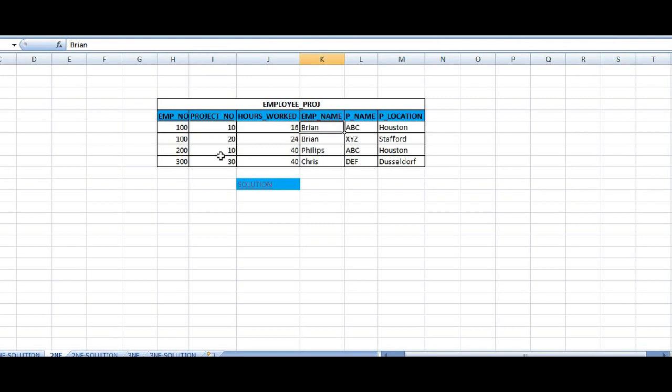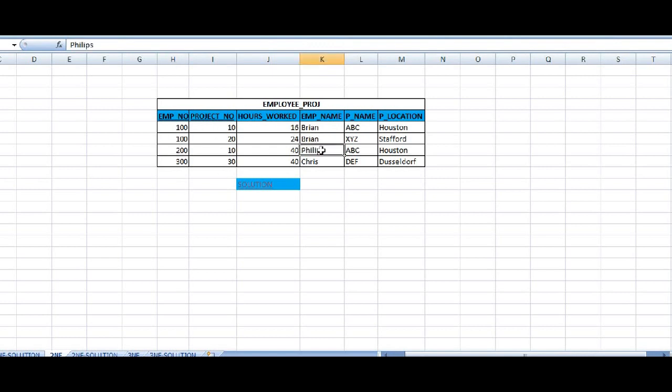So it is not accurate. But if I'm giving you 100, you can easily say that yes, 100 corresponds to this employee name. Though you see two records are there, they are consistent. Like 100 always refers to Brian, 200 always refers to Phillips, this way.